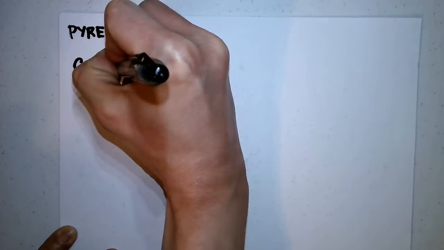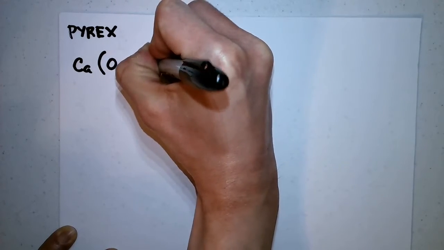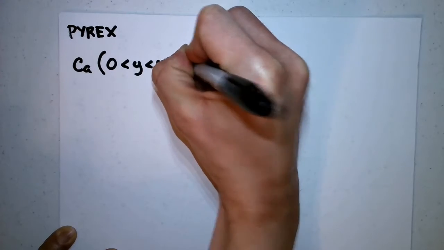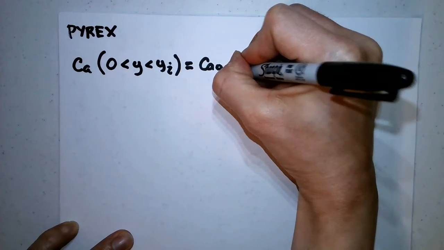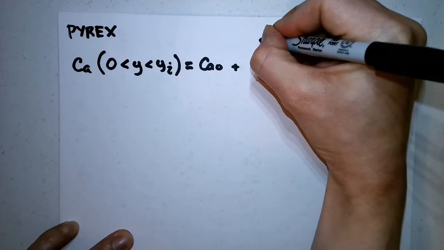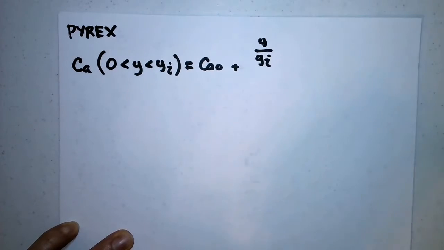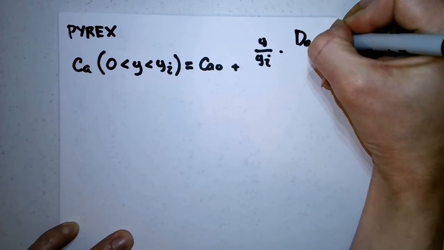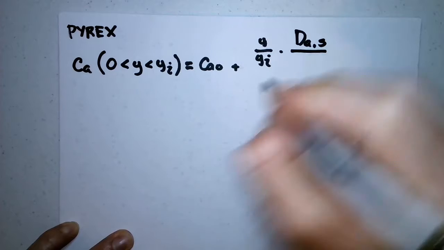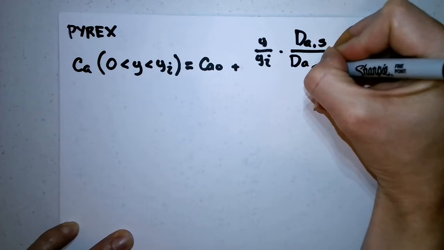this yields in the Pyrex, we have the concentration from 0 to the interface equals the original concentration plus Y over Yi times the diffusion coefficient of A through the silicon dioxide over the diffusion coefficient of the helium through the Pyrex.